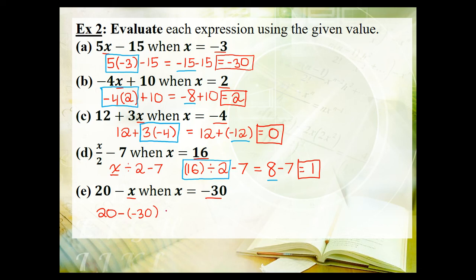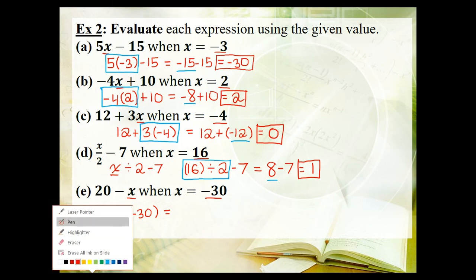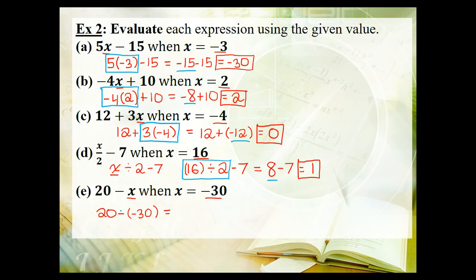And that is going to be equal to, okay, now here, when you subtract a negative number, that is identical to adding a positive number. So we're going to change this to add a positive. Therefore, 20 plus positive 30 would just be equal to positive 50.